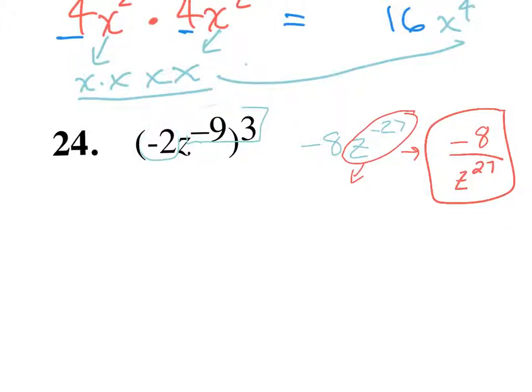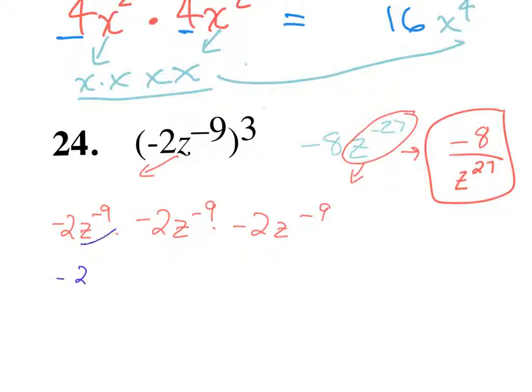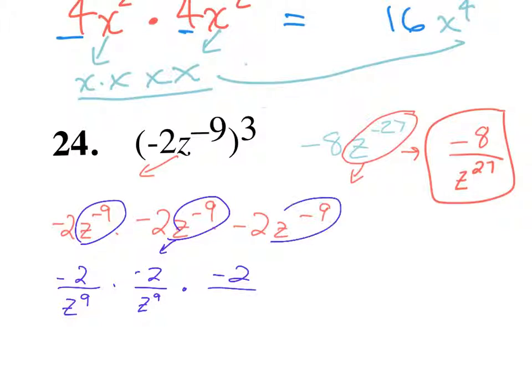If you needed to write it out, you could say to yourself, I have negative 2z to the negative 9, 3 times. Each one of these has to be rewritten so that the z's are in the denominator and become positive. It goes down.